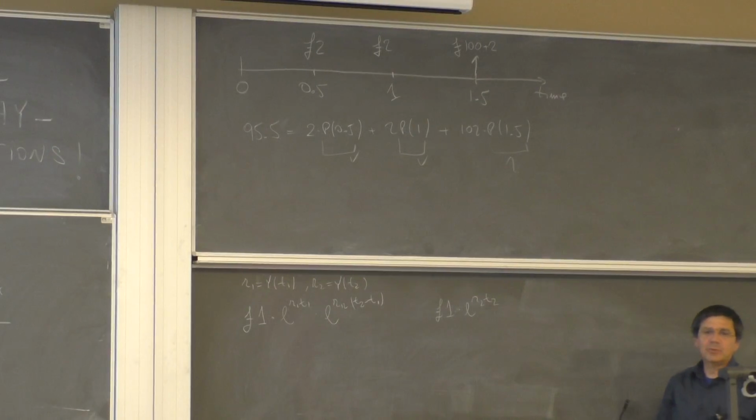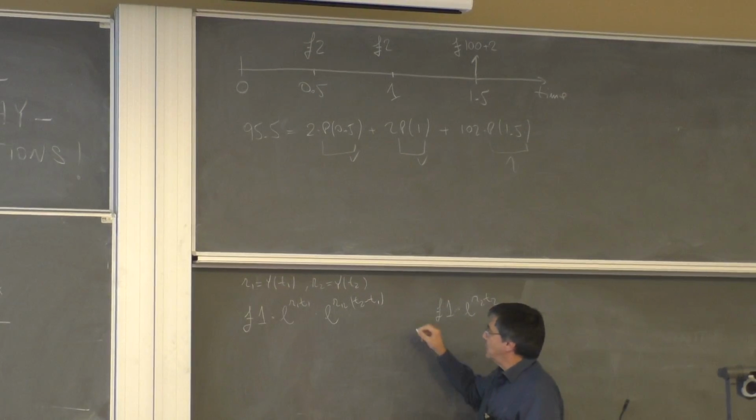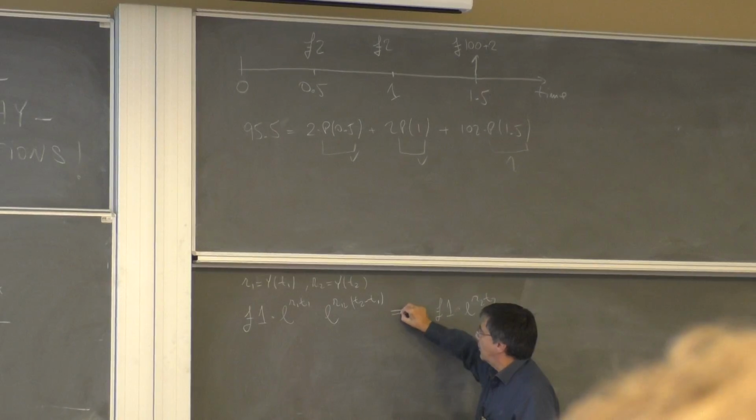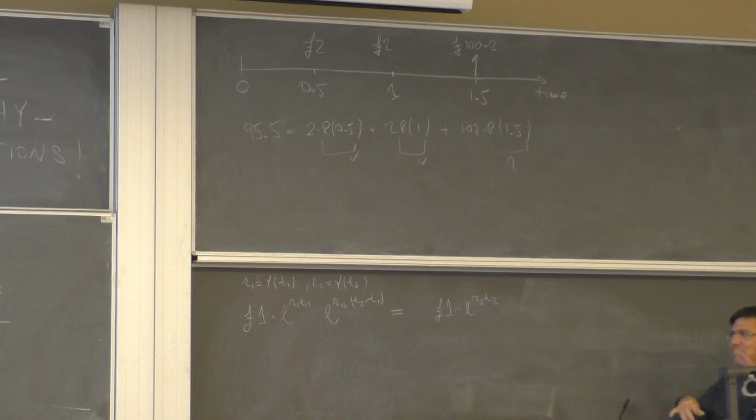So these are two different things you can do with your £1, and it looks plausible that no matter what you do with your £1, these two outcomes should be the same. Otherwise, something is not right here.